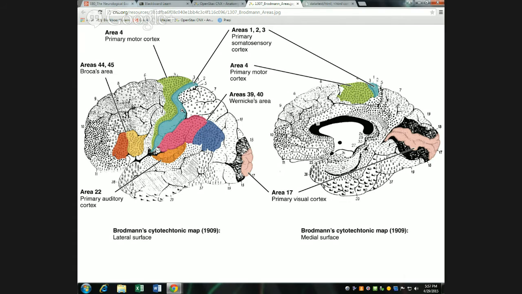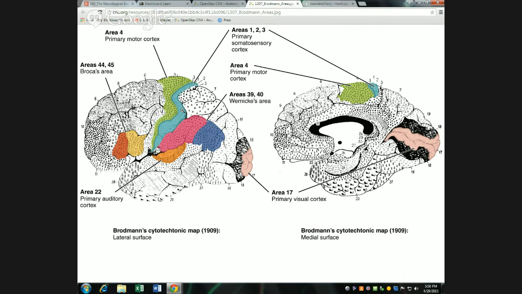And then temperature, pain, those kinds of things all fall under touch. But somatosensation includes all of that stuff, plus what we call proprioception. The root proprio means self. So proprioception is your sense of self. And what that means really is our sense of body position and movement.